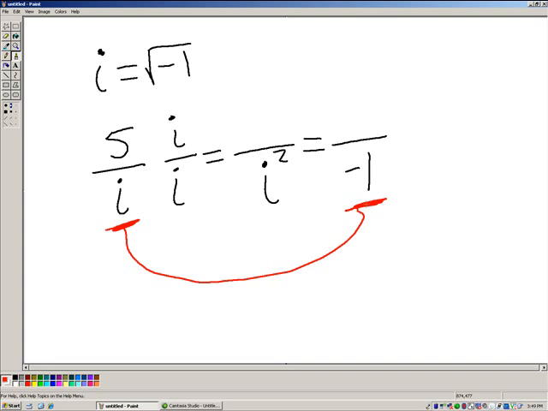The reason we multiply the numerator by i as well is because whatever you do to the bottom, you do to the top. You may remember hearing this quite often when dealing with fractions.